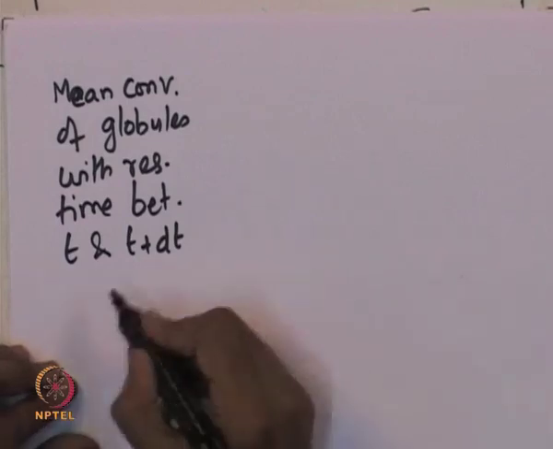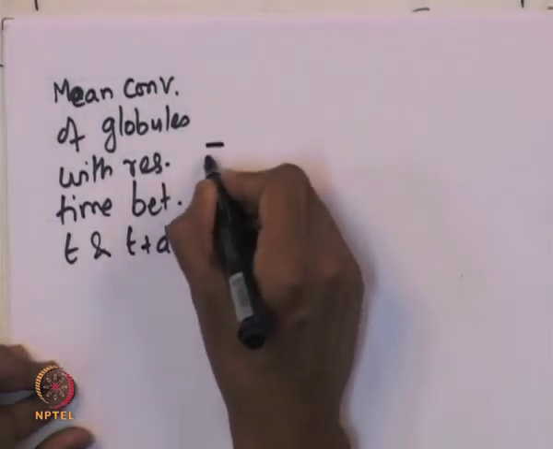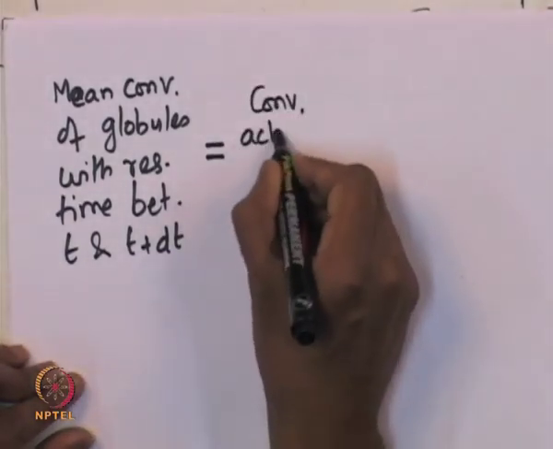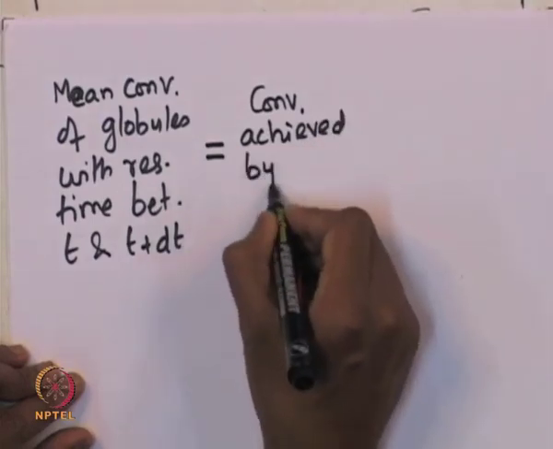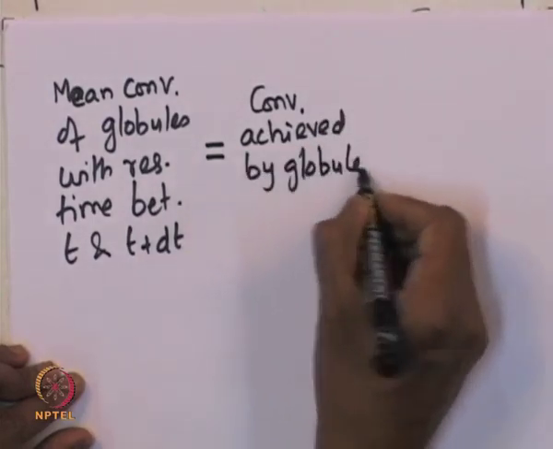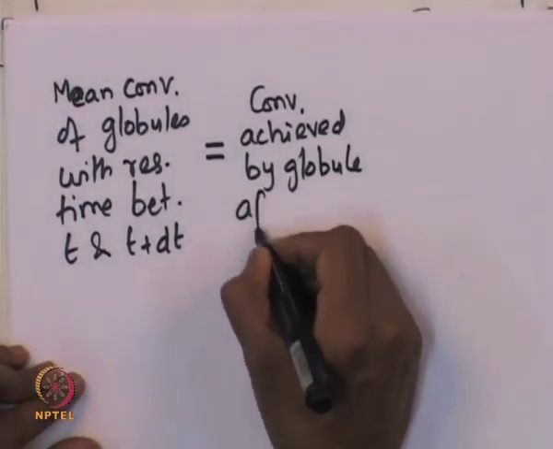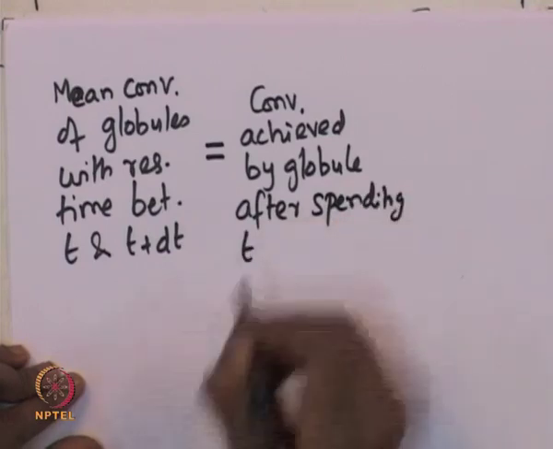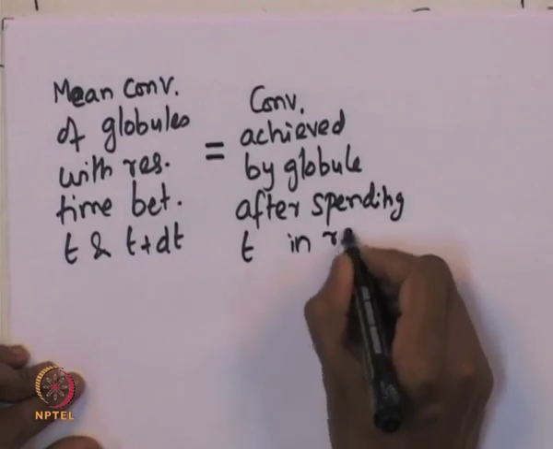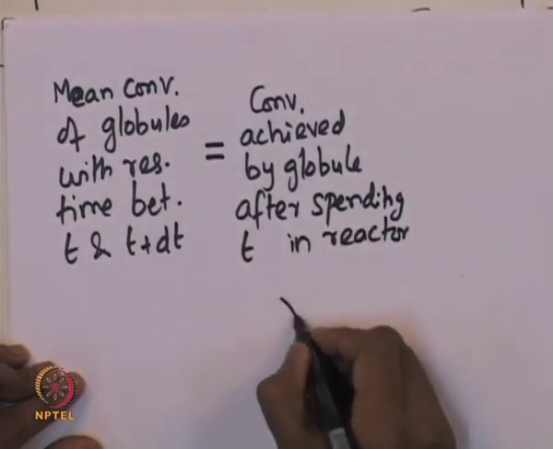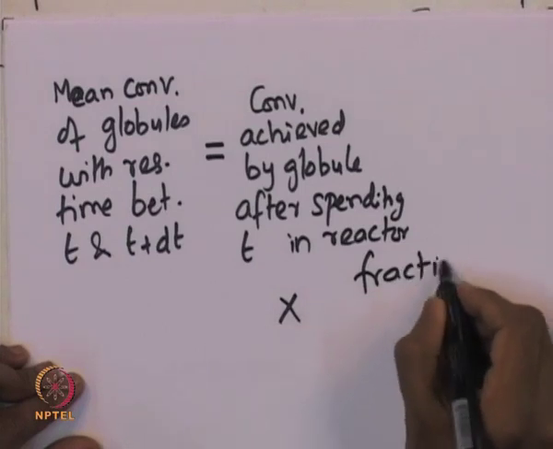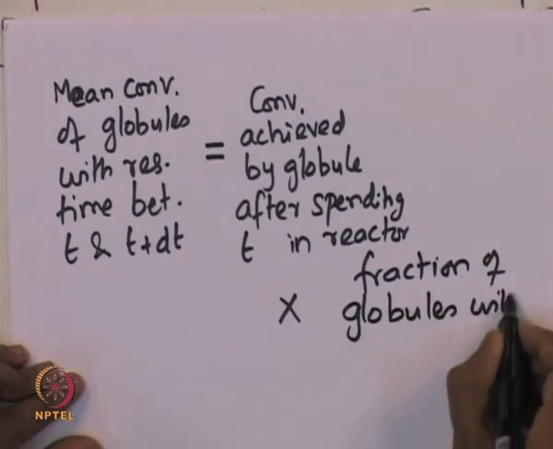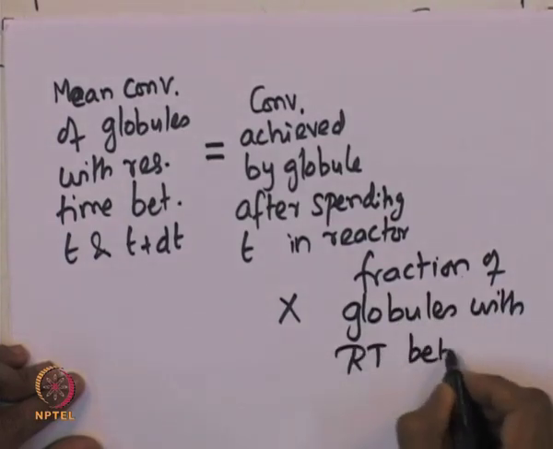If that globule has a residence time in this small interval, then that is given by the conversion achieved by a globule after spending t amount of time in the reactor, multiplied by the fraction of globules with residence time between t and t plus delta t.